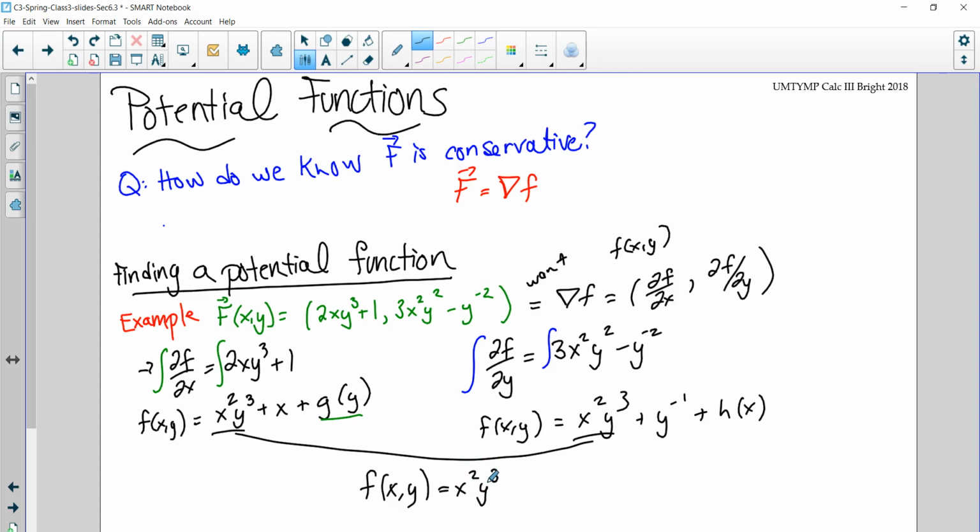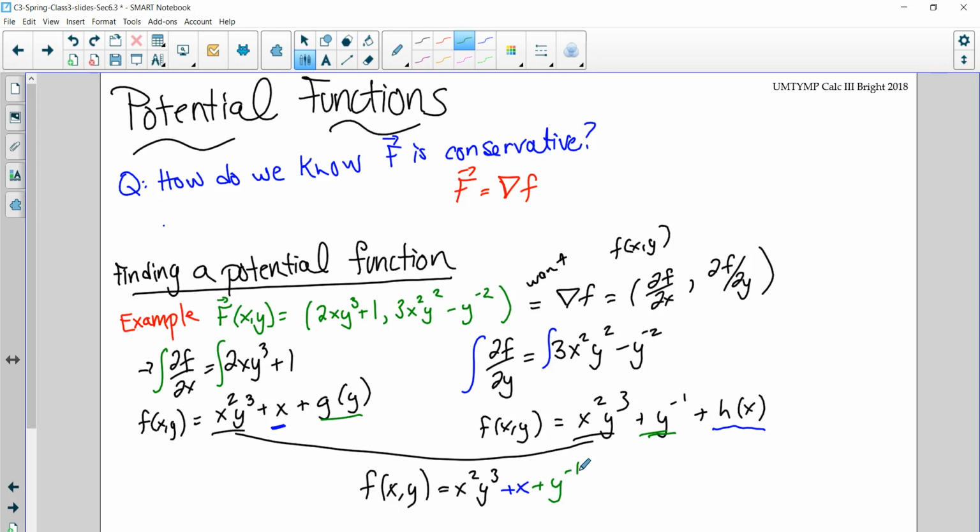Then I have an x and a function h of x. Could those be the same thing? I don't know, let's try it: plus x. Similarly, I have this g of y, a thing that only has y. Could it be this? Let's try it out.